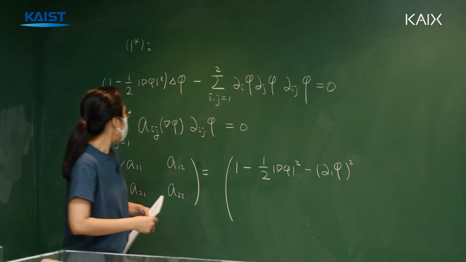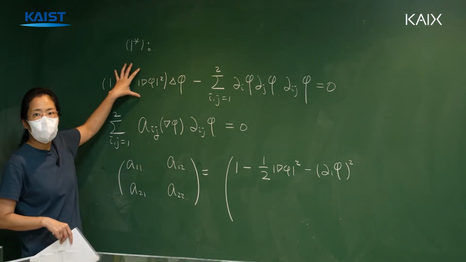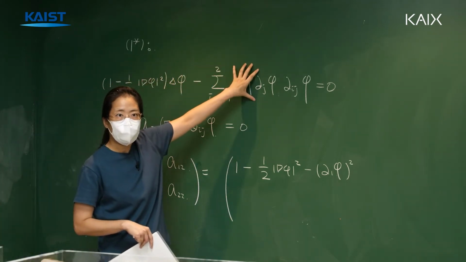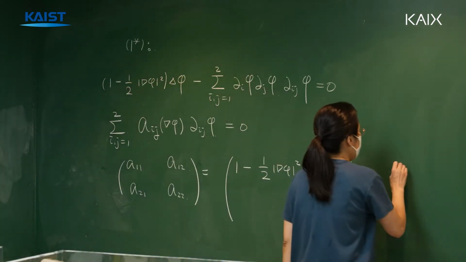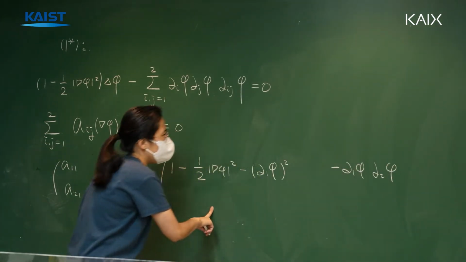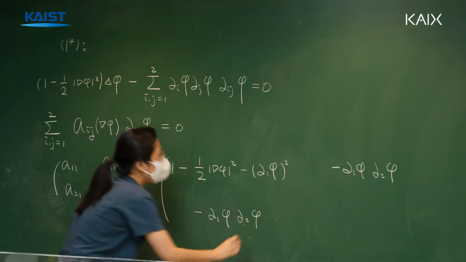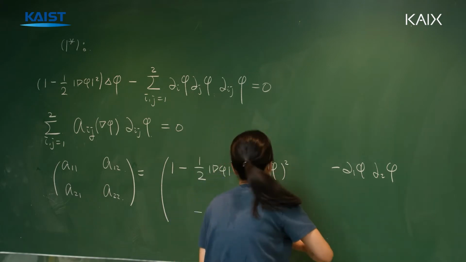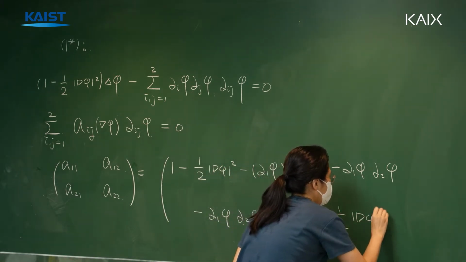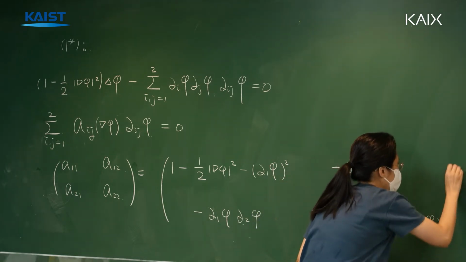For the A12 and A21, there is no contribution from here, right? There is only contribution from here. So this is minus D1 phi, D2 phi, and in fact it's the same here. So this is D1 phi, D2 phi, and finally this is minus D2 phi squared.